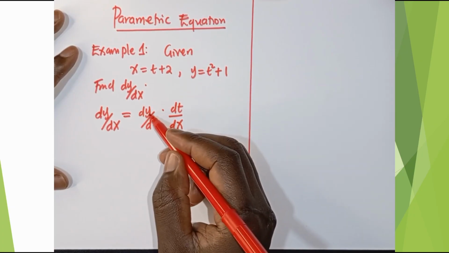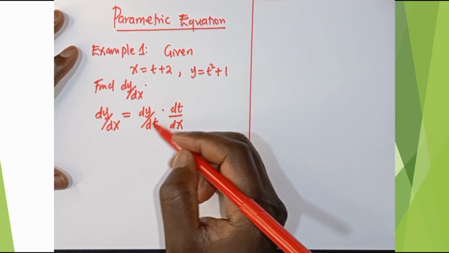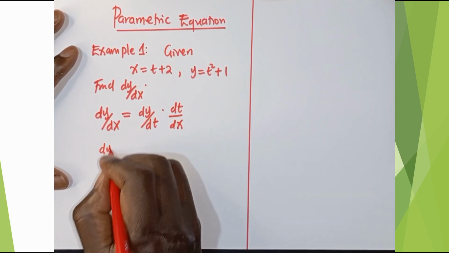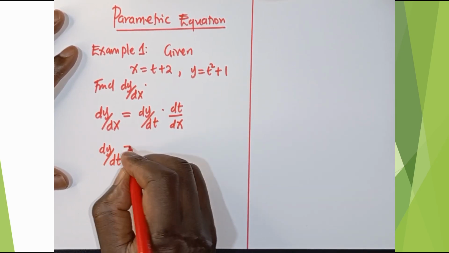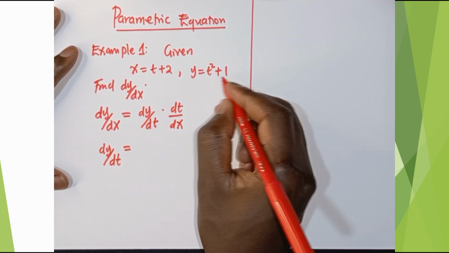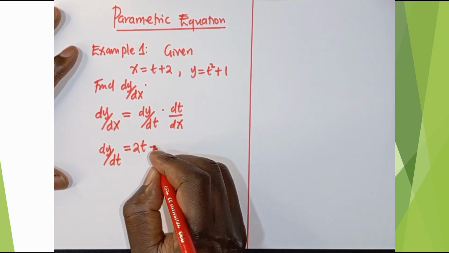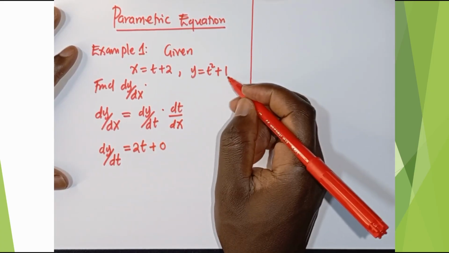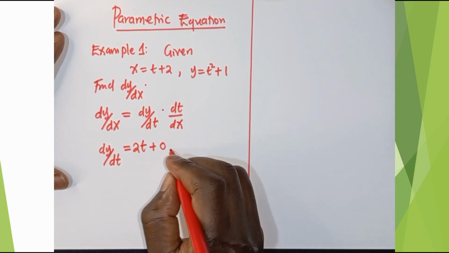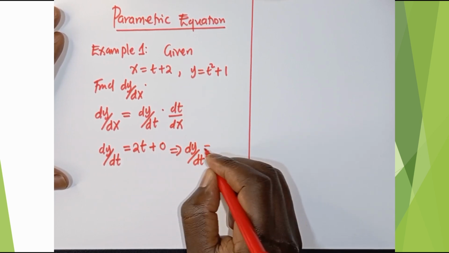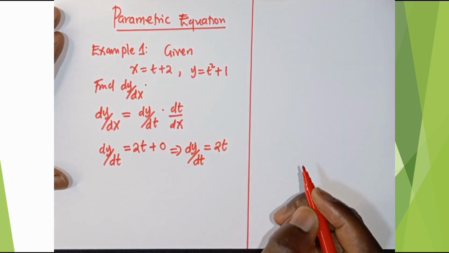Now we first get dy by dt by differentiating y. Differentiating this, we have 2t plus 0, since when you differentiate a constant, you get 0. So dy by dt is 2t.